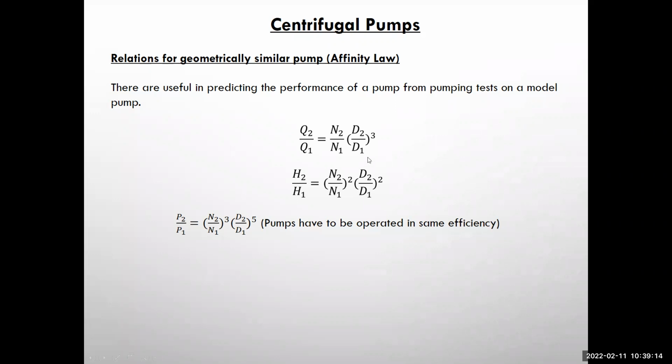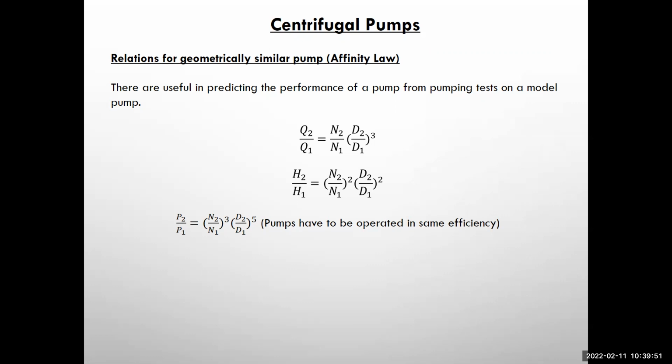Here, 1 and 2, 1 can be prototype, 2 can be model, or vice versa, as long as you keep all the Q, N, D the same number for prototype, and Q, N, D the same number for model, you should be fine. Did I give you the equations or do you need to write them down? Okay, good. And here, in your copy, I typed pipe, that should be pump. Geometrically similar pump.